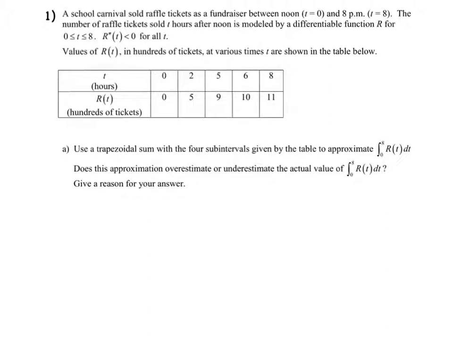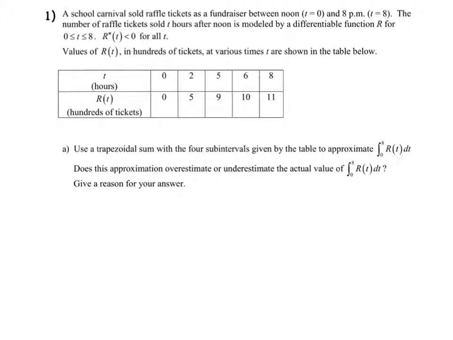Okay, so let's take a look at this first example. It says a school carnival sold raffle tickets as a fundraiser between noon, t equals 0, and 8 p.m., t equals 8. The number of raffle tickets sold t hours after noon is modeled by a differentiable function r from 0 to 8. R double prime is less than 0 for all t.